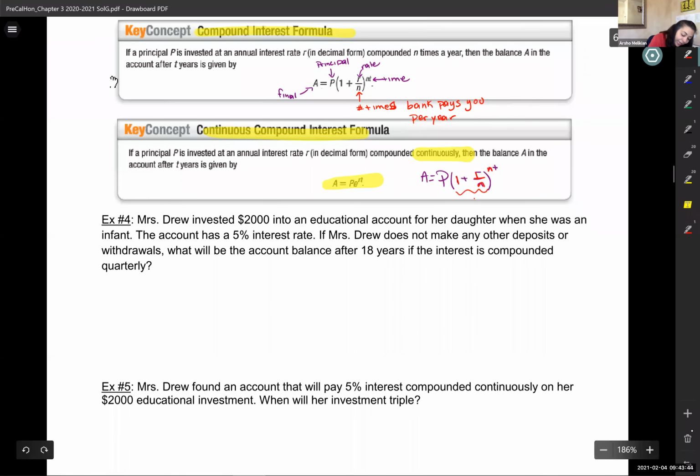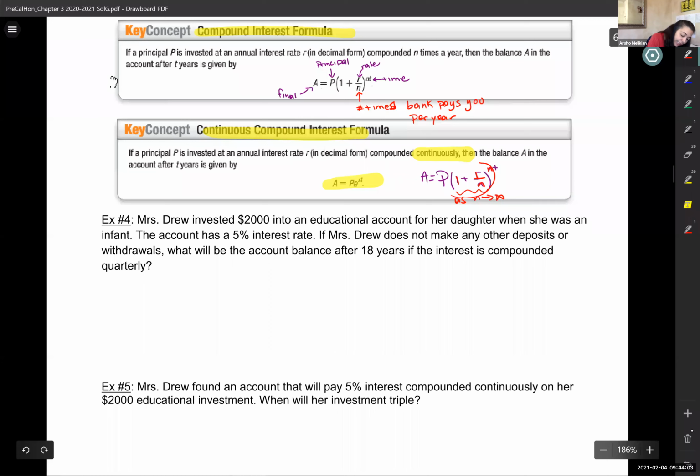And as n approaches infinity, n is the number of times that you're getting paid. If you're getting paid continuously every nanosecond of every year, how many times a year is that? Infinite number of times.